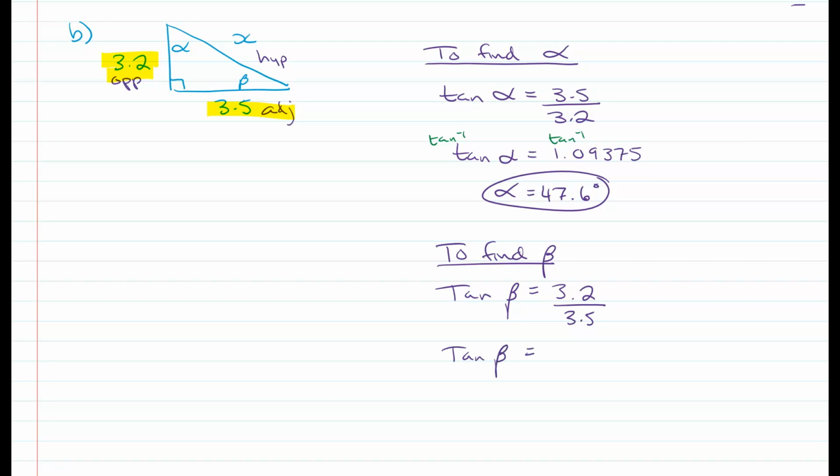So tan of beta equals 0.9143. Take the inverse tan. And beta is 42.4 degrees.